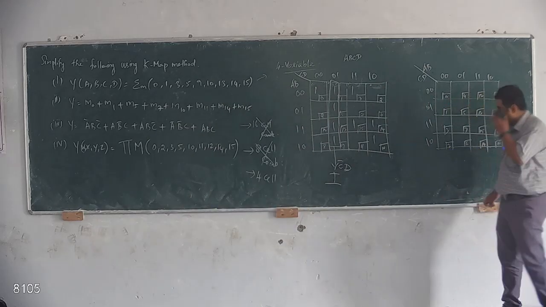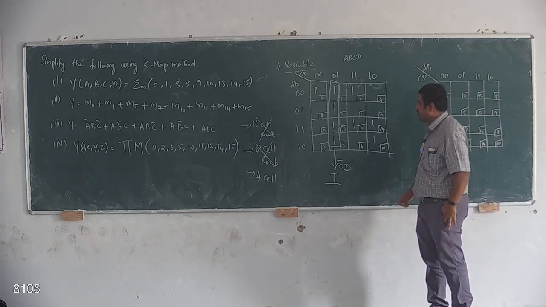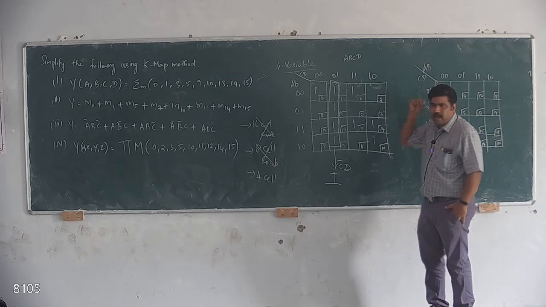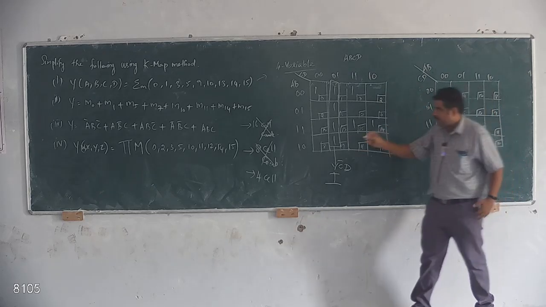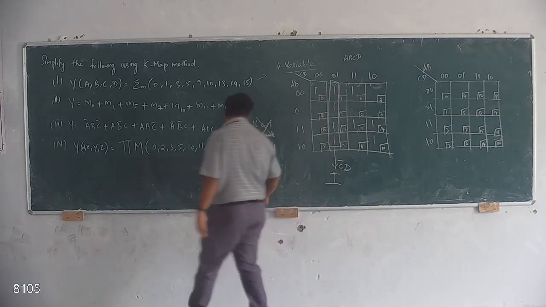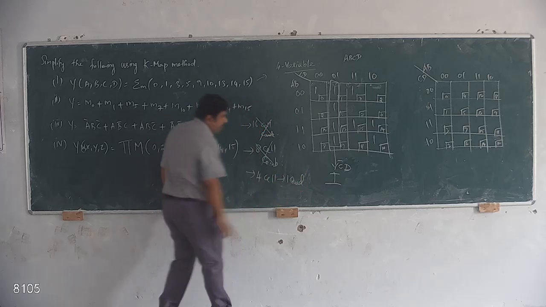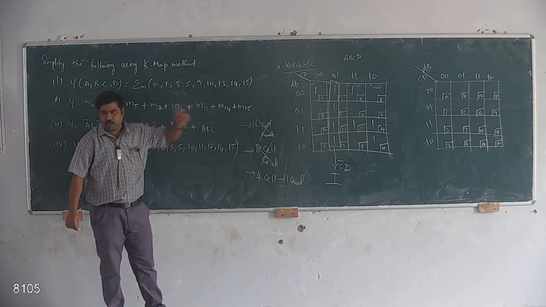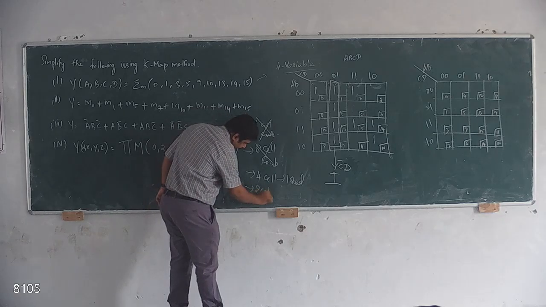What is the next thing we can combine? No other possible thing. No other 4 cell combination is possible. We need to go with the 2 cell combination only. Next, 4 cell we have combined as 1 quad. This K-map is having one quad and 2 cell combinations.